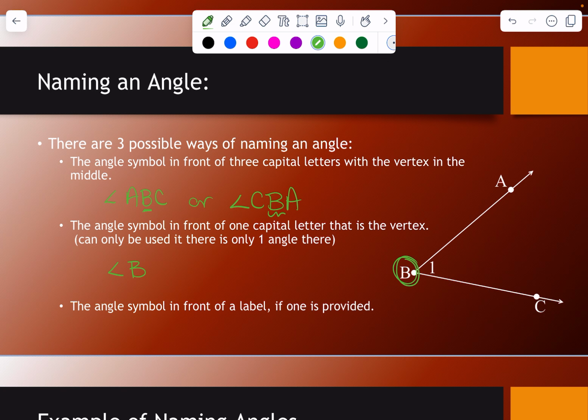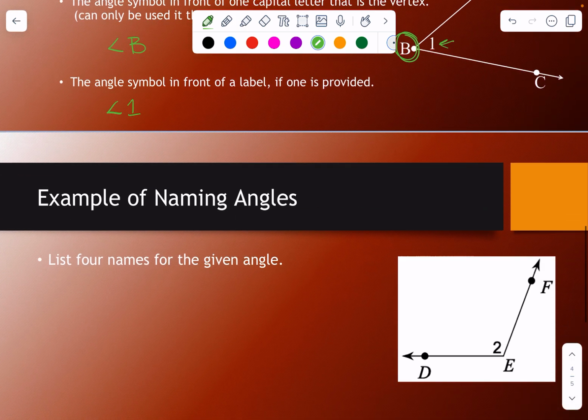If there's more than one there and you cannot tell the difference, then you cannot just write a single capital letter. The last one that we can use is the label. Here we have a label of a 1 in the angle. So we could say that is angle 1. We can only do that if 1 is provided as well.